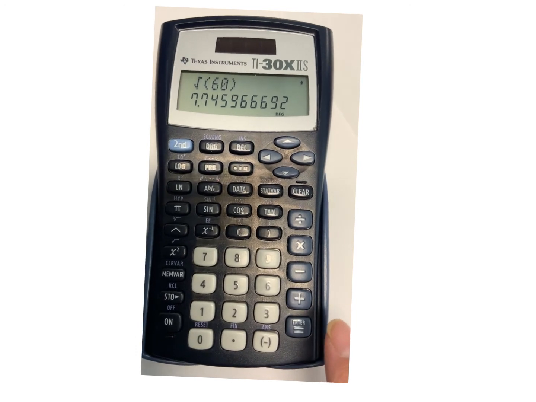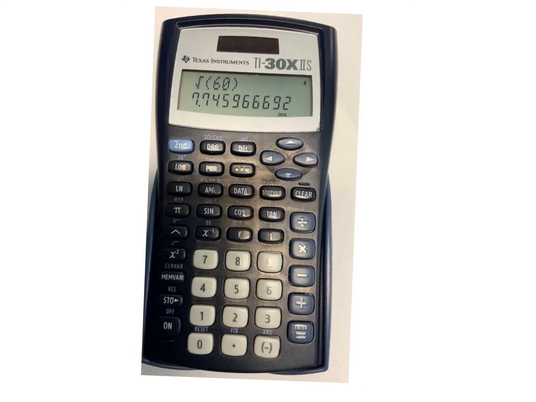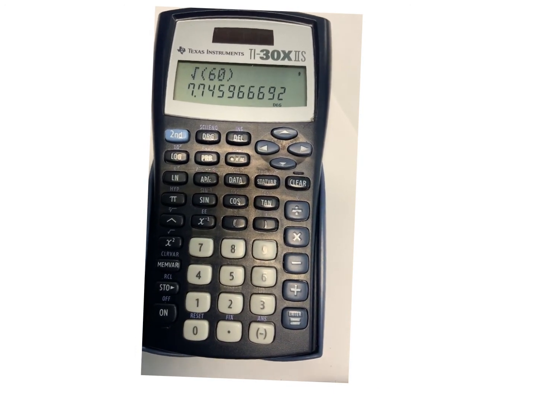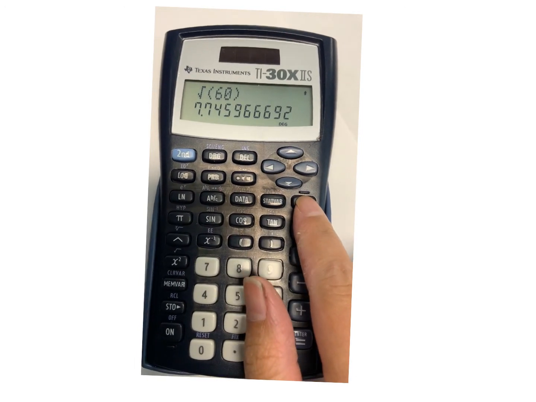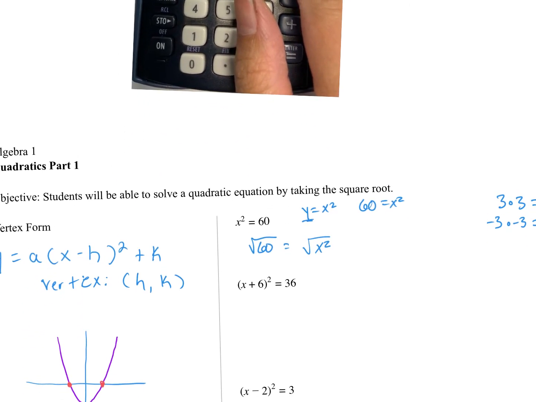That will give us the square root of 60, and from there we see our answer is 7.745. If we round that to 2 decimal places, we get 7.75. But remember, our answer isn't just 7.75. It is positive and negative 7.75. So this is our answer to that question.